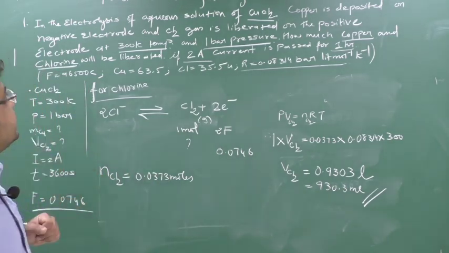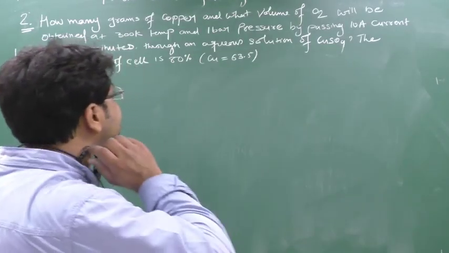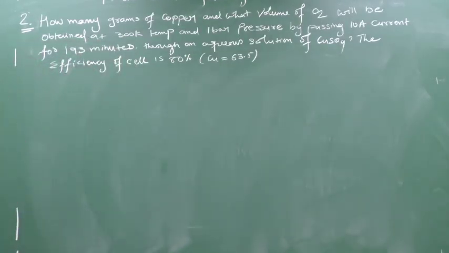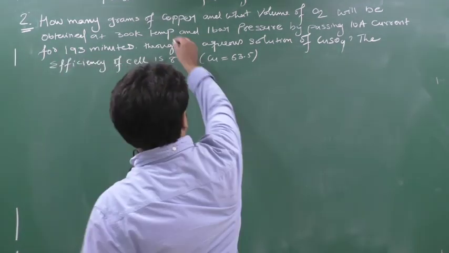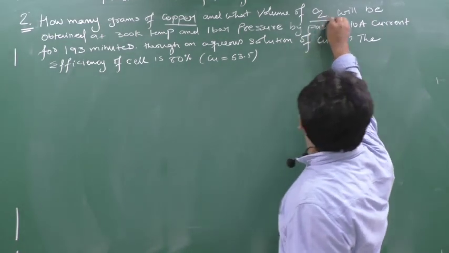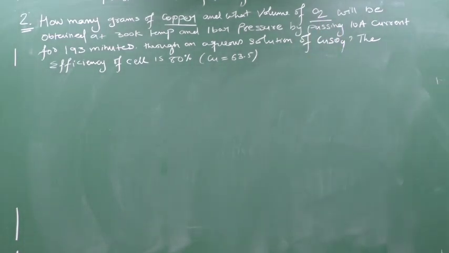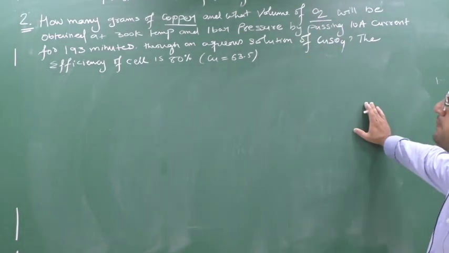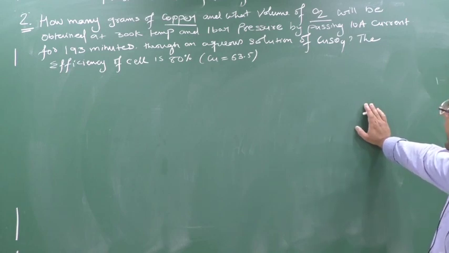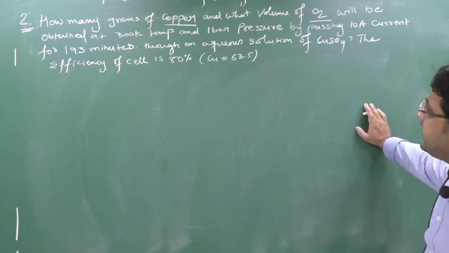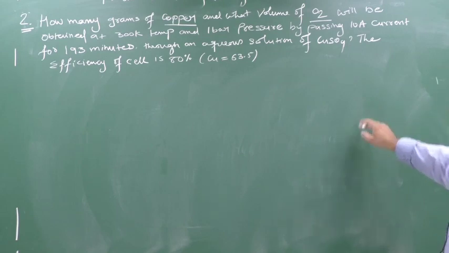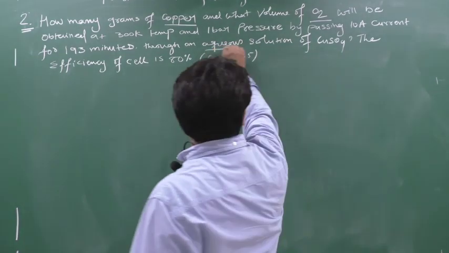Okay, so we'll go with the next question. Copy out the second question. The second question says: how many grams of copper and what volume of O2 will be liberated or obtained at 300 Kelvin temperature and 1 bar pressure by passing 10 ampere current for 193 minutes through an aqueous solution of CuSO4?